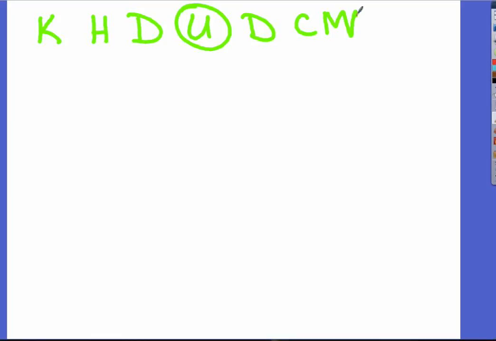Oh, and I don't usually make an M, I guess. Chocolate milk. And then, if we go this way, for every place we go to the left, our number is getting.